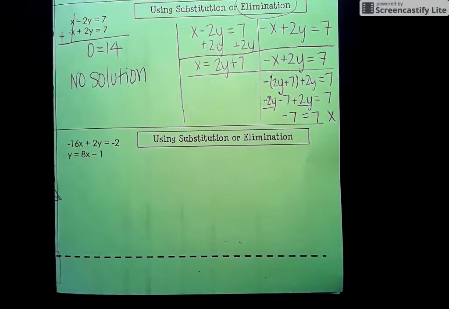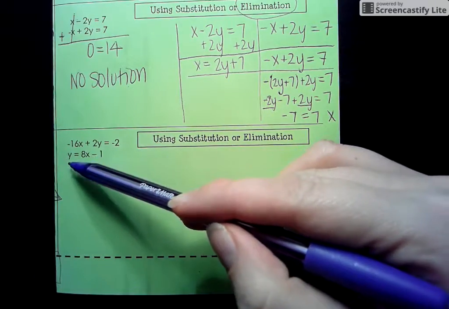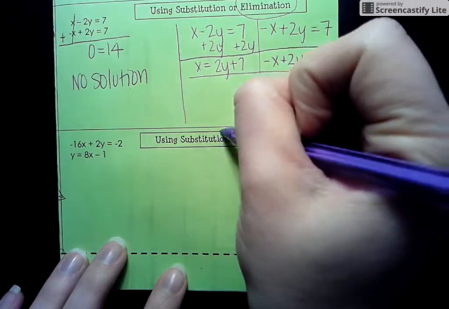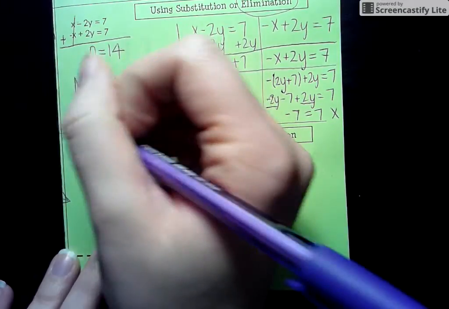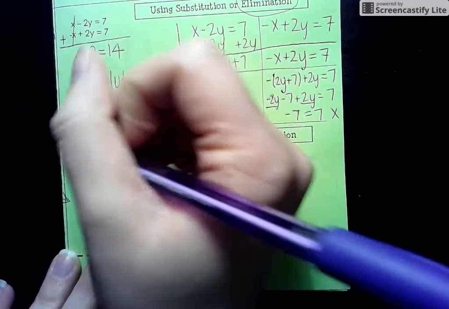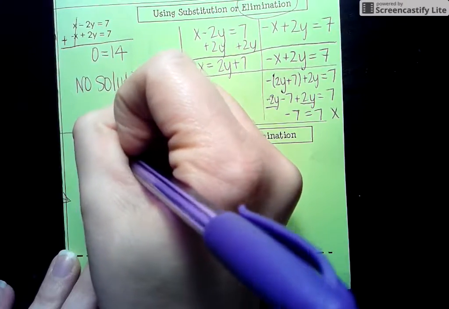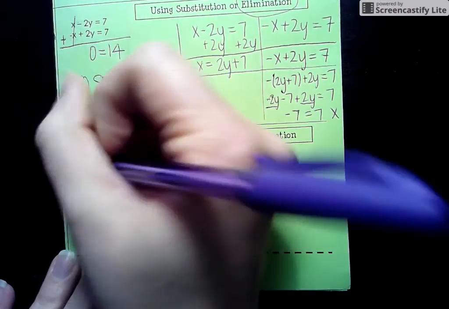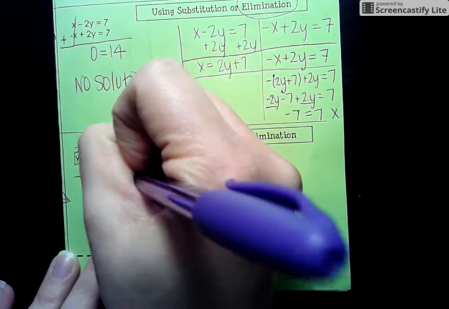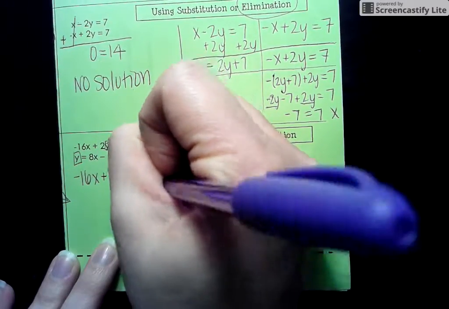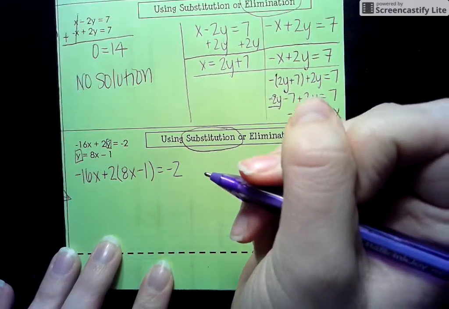Now our last one, you notice that this is already in y equals, so I would use substitution. I would take the y and put it in for this y. So I have negative 16x plus 2 times 8x minus 1 equals negative 2.